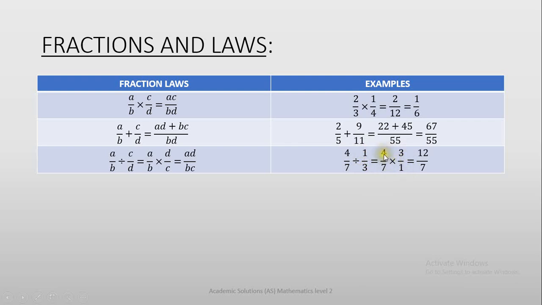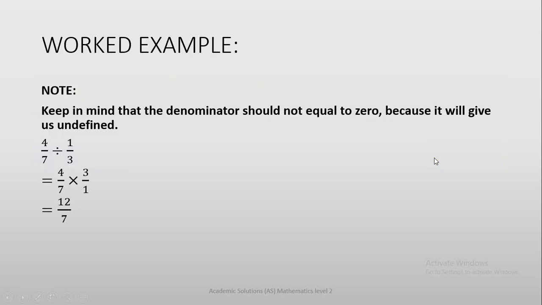So now we have 4 divided by 7 multiplied by 3 divided by 1, which is equal to 7 multiplied by 1, which is 7, 4 multiplied by 3, which is 12. So that's why we have this answer over there. I hope it does make sense.